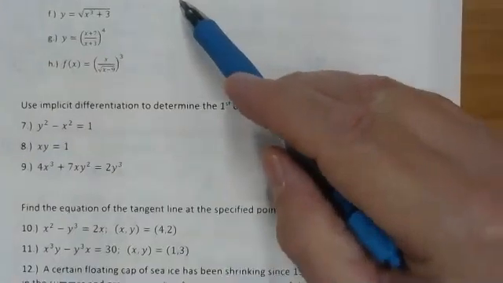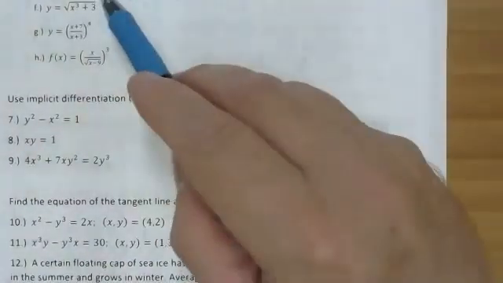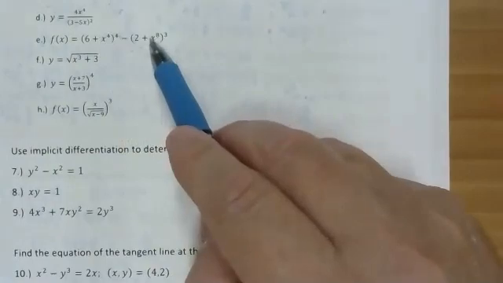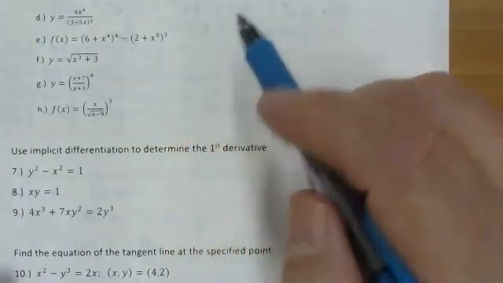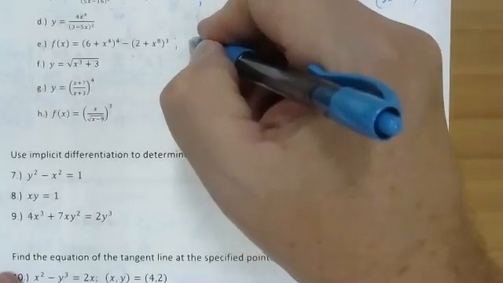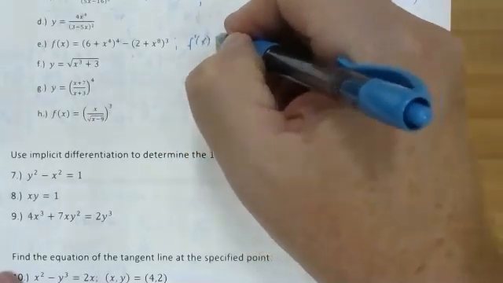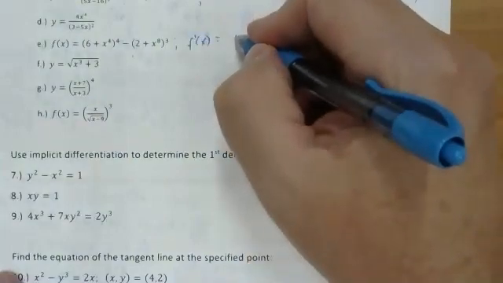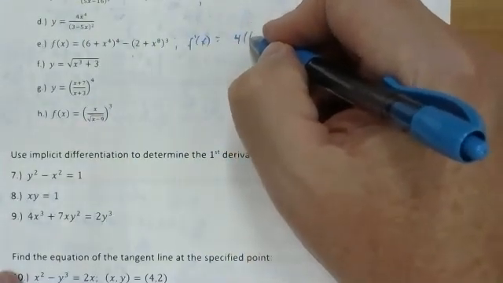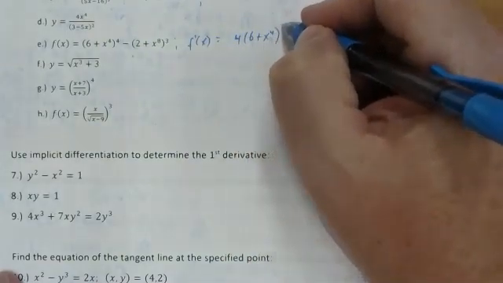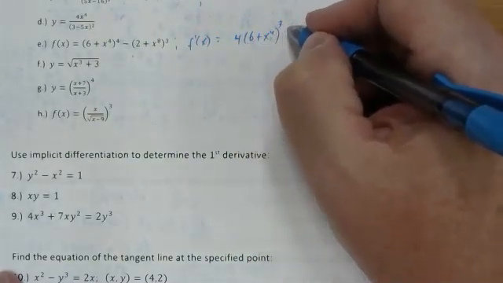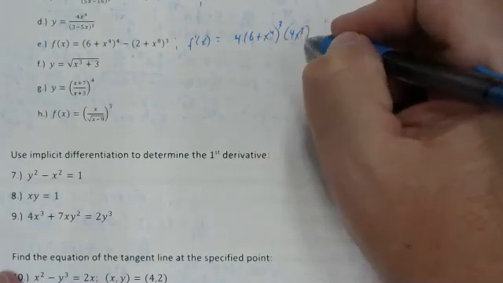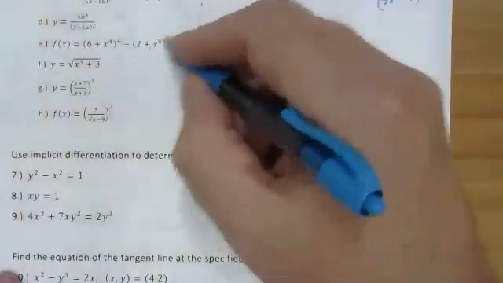So that was 6D. So now 6e looks messy, but I don't think it's as bad because it's just going to basically be 2 chain rule. So by that, I mean the derivative. This one is a chain rule, 4 times 6 plus x to the 4th. So here's the outside. Then the derivative of that is 4x cubed, minus chain rule for this one.